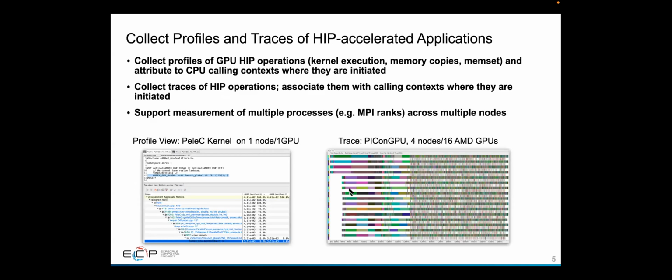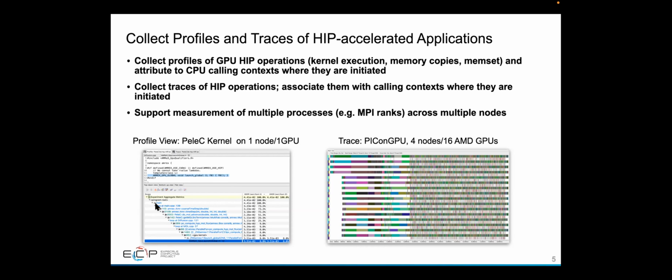On AMD GPUs, we can collect profiles of GPU kernels that are written in HIP. We can see kernel execution, memory copies, and memset, and attribute these to the calling context in which they're initiated. This shows the profile view in the lower left.